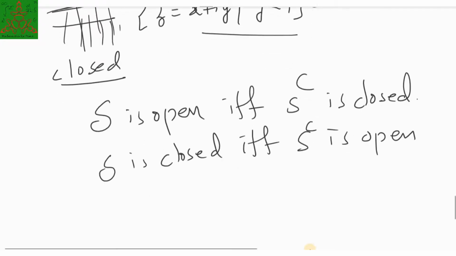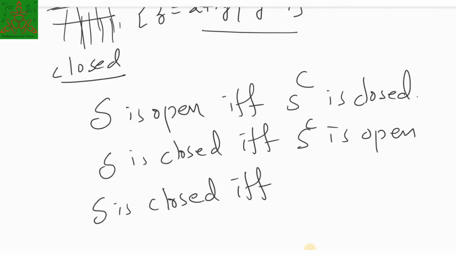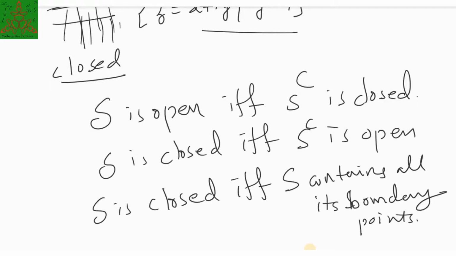In another way, S is closed if and only if S contains all its boundary points. Think of sitting in a closed room: a closed room has a boundary, so a closed set contains all its boundary points.